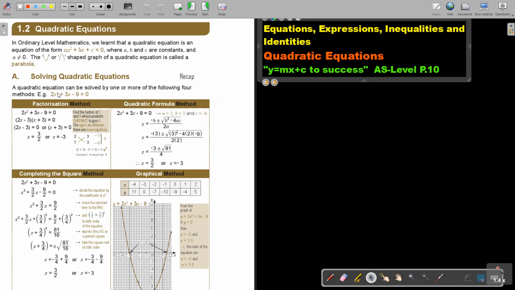So a quadratic equation can be solved by one or more of the following 4 methods. You can factorize it. Not all quadratic equations can be factorized, but some can, and you can test. Group B, and you go 3 and 3, so it's 3, that's 6, minus 3, and that's 3.